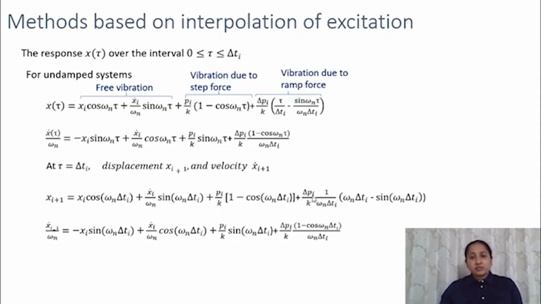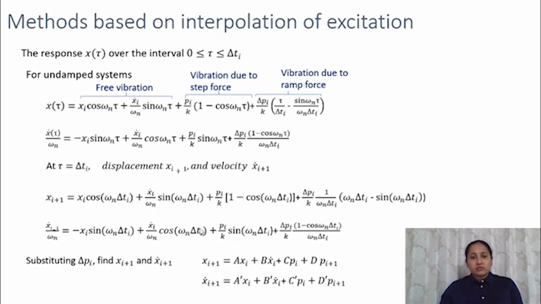So we can substitute the value of delta Pi. Delta Pi is equal to Pi plus 1 minus Pi. So we can substitute that in these two expressions, and we can rearrange these expressions so that we would get xi plus 1 equal to a xi plus b x dot i plus c Pi plus d Pi plus 1.